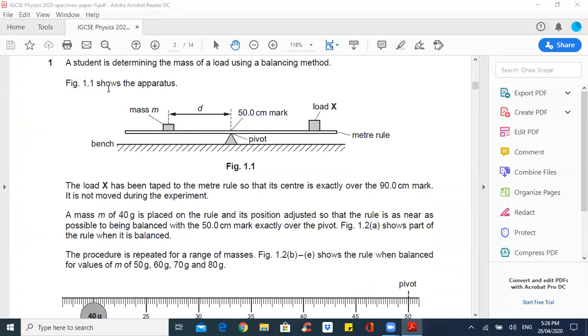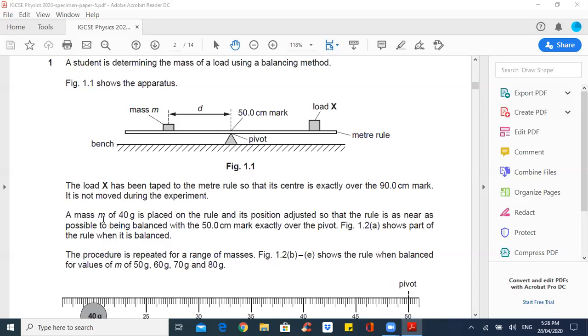They said figure 1.1 shows the apparatus. The load X has been taped to the metal ruler, which is here, so that its center is exactly over the 90 centimeter mark. It is not moved during the experiment.